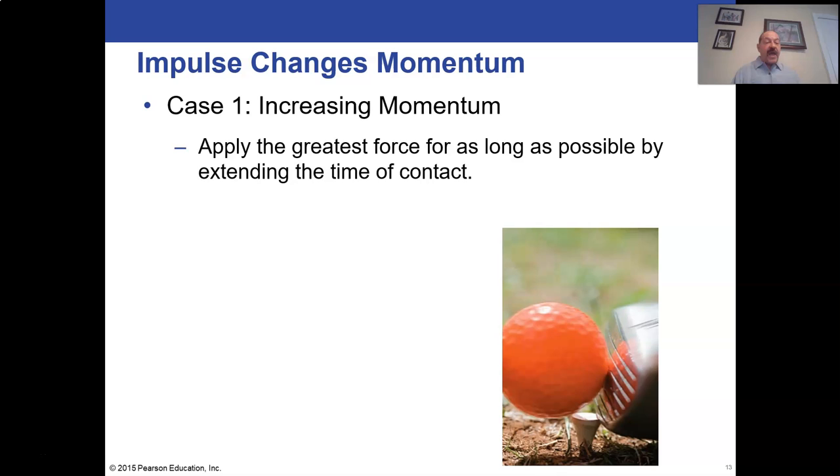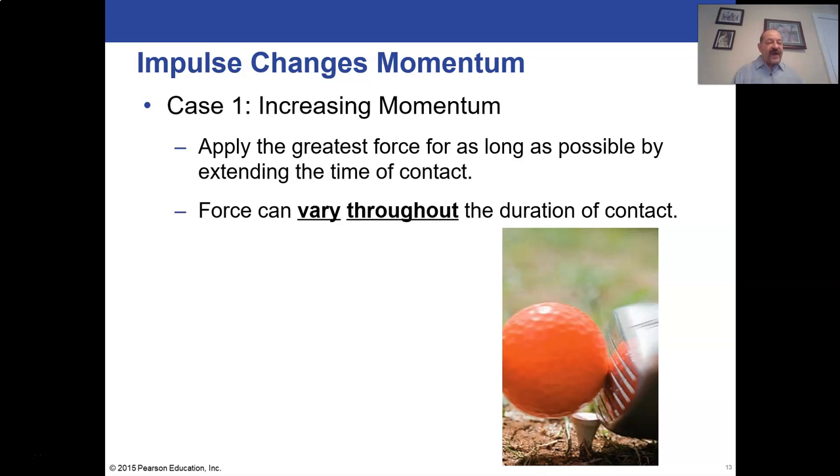And this is classic for a great many forms of sports. Sports frequently involves changing the momentum of some object, frequently a ball. So applying force for as long as possible, in other words, increasing the time of contact, you'll be able to increase its change in momentum, its impulse.